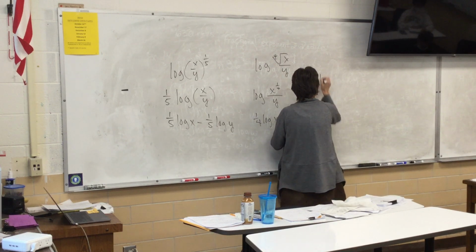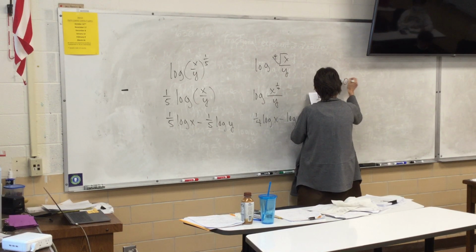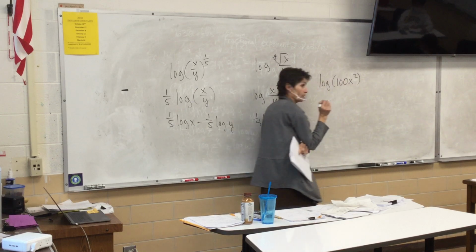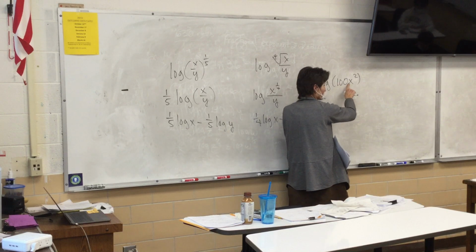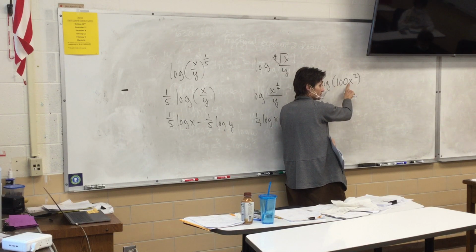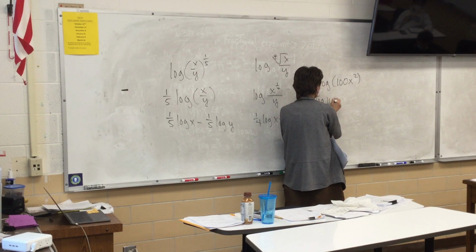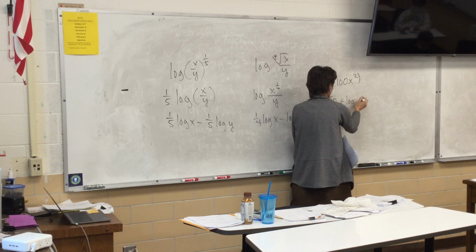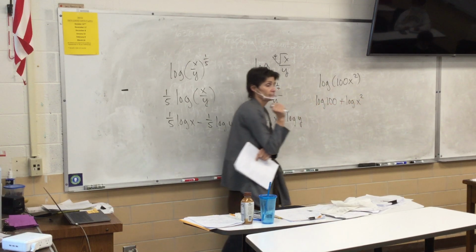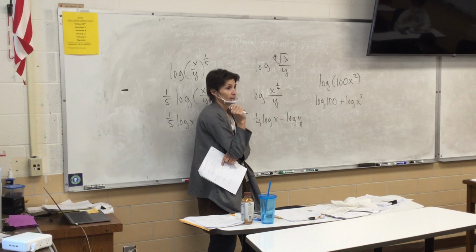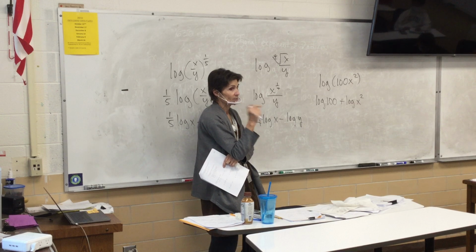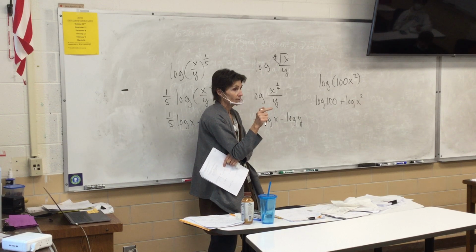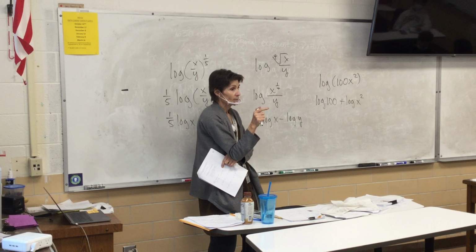Okay, so log. Now, numbers are the same as letters, so don't get confused by that. Isn't that a multiplication? So I'm gonna split that and say the log of 100 plus the log of X squared. Now, tell me about the log of 100. We talked about this yesterday. The log base is 10.